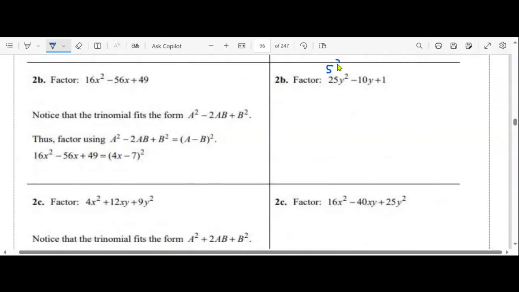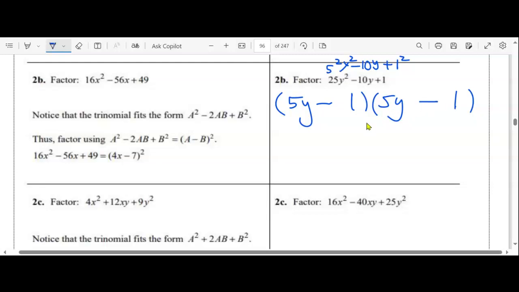25 is what? 5 squared. Y squared minus 10y plus 1 squared. Let's factor this. It's going to be what? 5y, 5y. Correct? 1, 1. Minus, minus. Now, if you're not sure, what should you do? Happy face. So you get minus 5y, minus 5y.